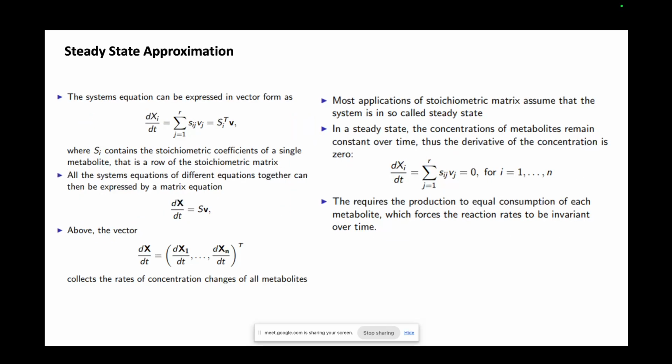Now the question comes, when will this metabolic network reach steady state? After what time, or at what concentrations of the metabolites inside the network, does this network go into steady state?